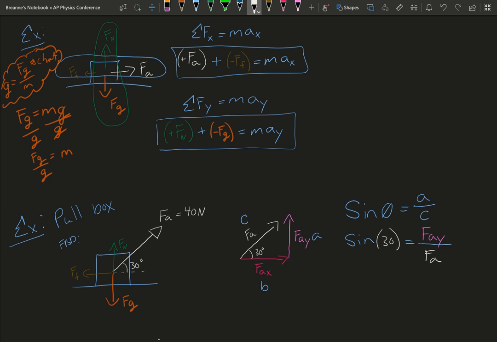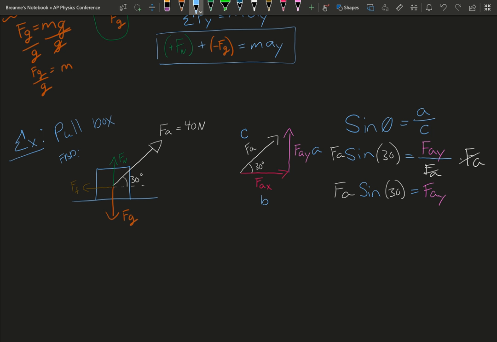We're looking for our force applied in the Y, so we need that by itself. So we're going to multiply both sides by FA. And we get that our force applied times sine theta equals our force applied in the Y.